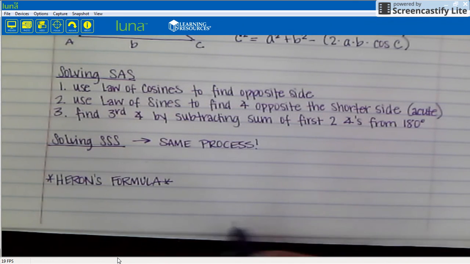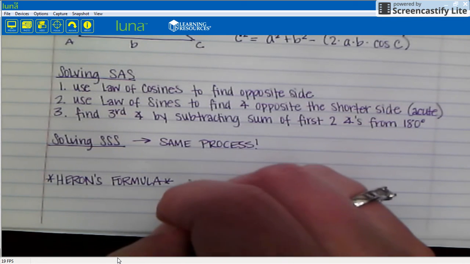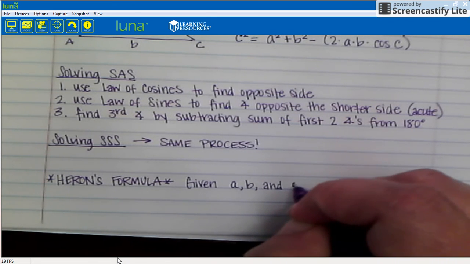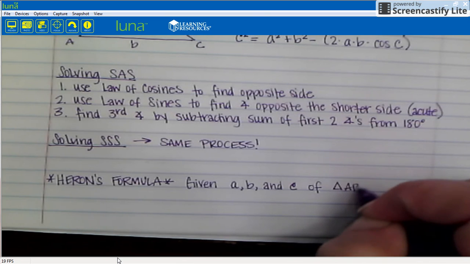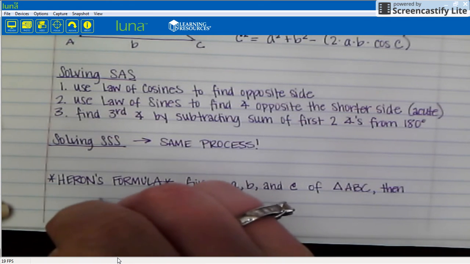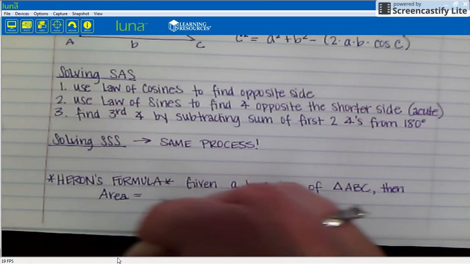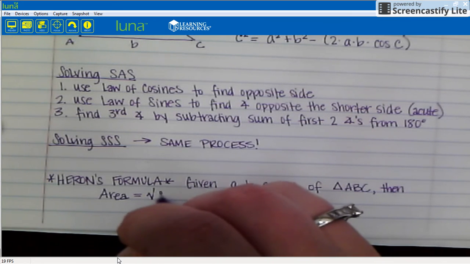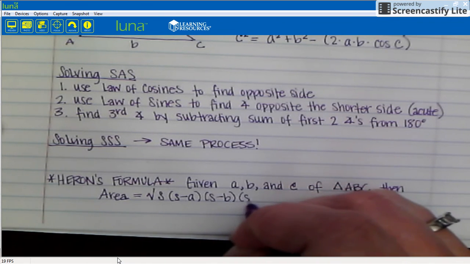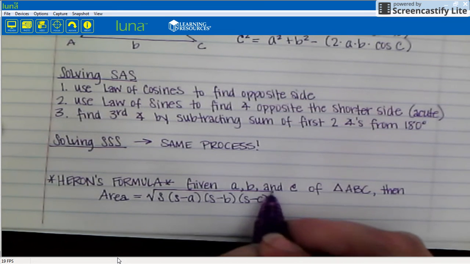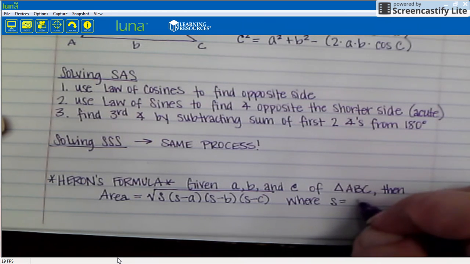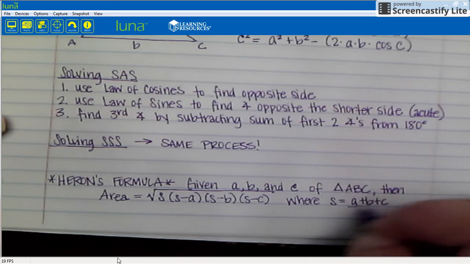So if all you're given are A, B, C of a triangle, then the area of that triangle is equal to the square root of S times S minus A times S minus B times S minus C, where S is equal to A plus B plus C divided by 2.